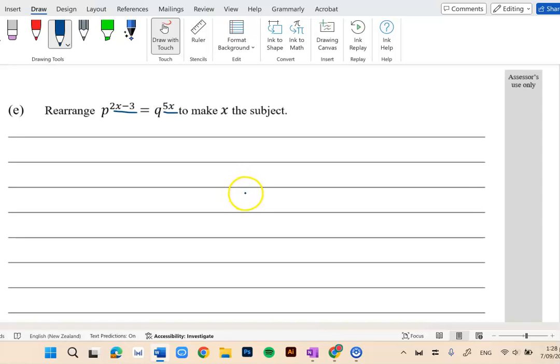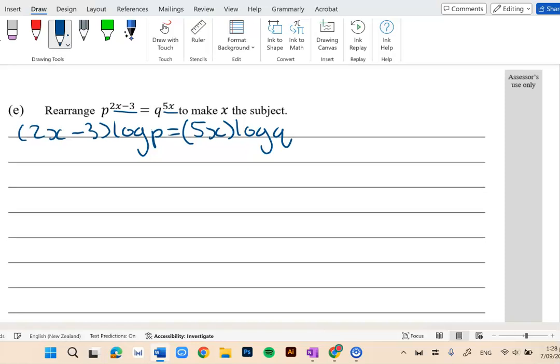What we're going to do is we're going to take this bracket and we're going to put it in the back. So 2x minus 3 log p, the p goes to the front now, and that's going to equal 5x log q. Alright, we're just moving stuff around pretty much.